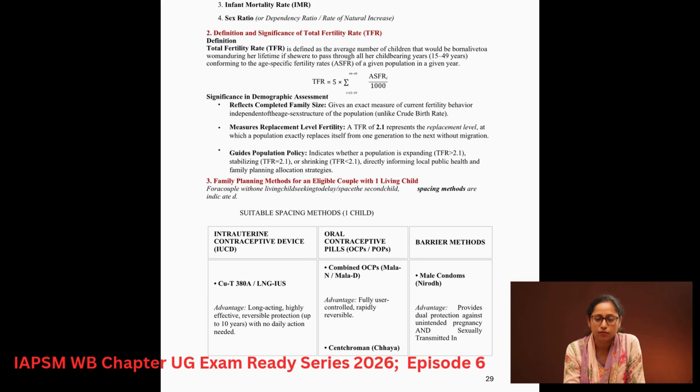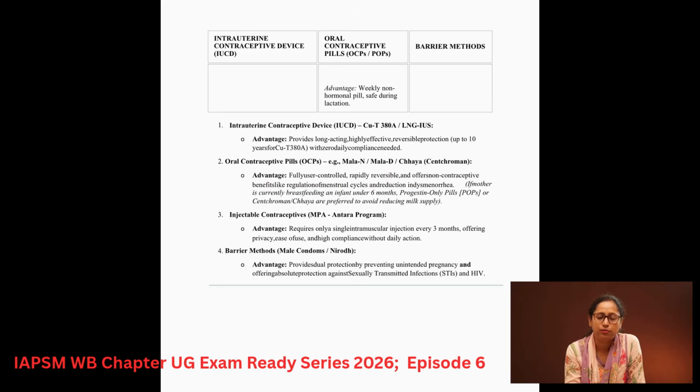Okay. So, IUCD's advantage, it will provide long acting, highly effective, reversible protection with zero daily compliance needed, right. OCP, fully user controlled, rapidly reversible, and offers non-contraceptive benefits like regulation of menstrual cycle and reduction in dysmenorrhea also.